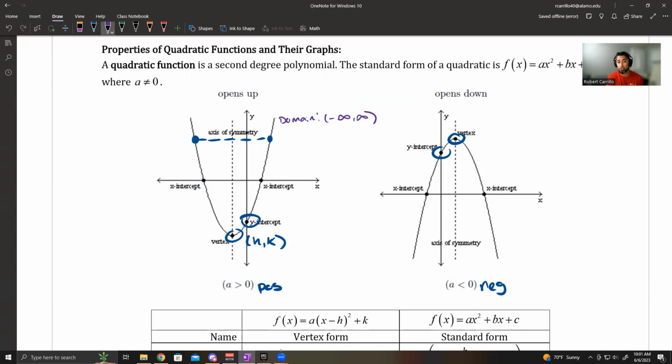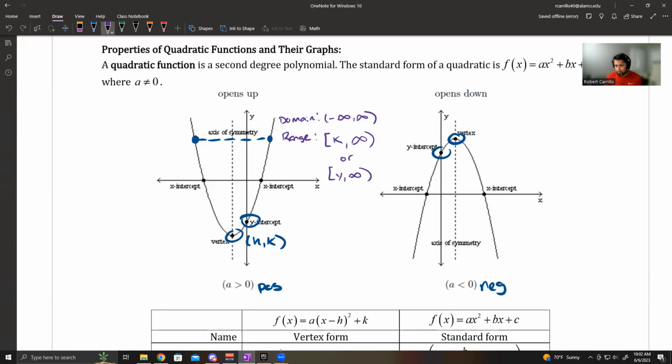But now the range for a parabola that opens up will start at the y value or the k value of the vertex, and it will head up towards infinity, because that's where these tails are headed. So your range goes from k to infinity. Well, you could also say just y to infinity, if that k throws you off.